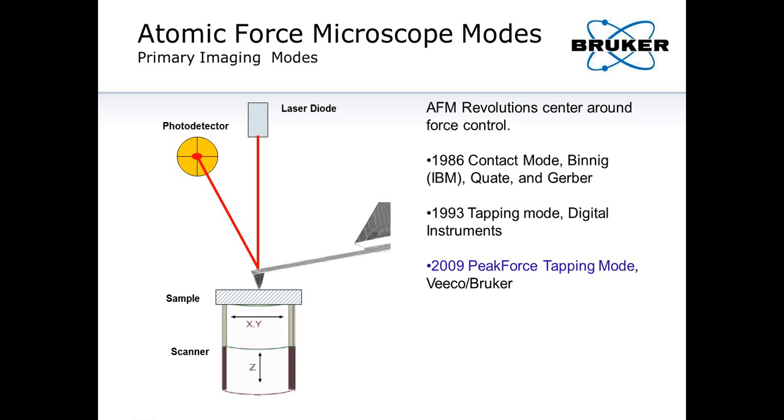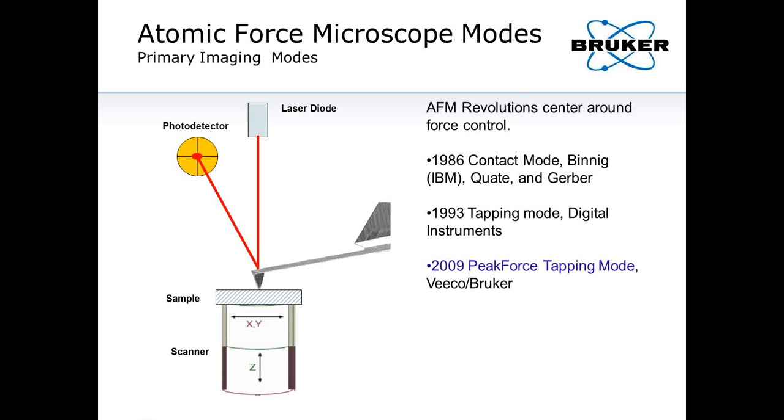First, you need to scan the probe or the sample against each other in X and Y, so you get a 2D scan. In the meantime, in order for the tip to follow the ups and downs on the surface, the tip must adjust its Z position. That's why this scanner can also move in this direction. So you get a 3D structure of the surface.